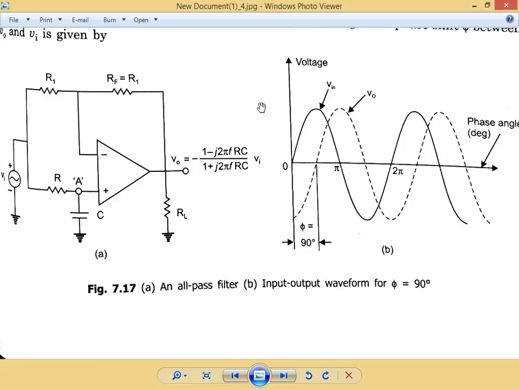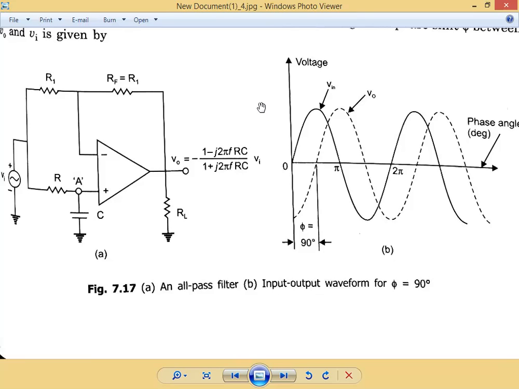When signals are transmitted over transmission lines, such as telephone lines, the signal will undergo a phase change. These phase changes can be compensated, that is, altered, by using an all-pass filter.